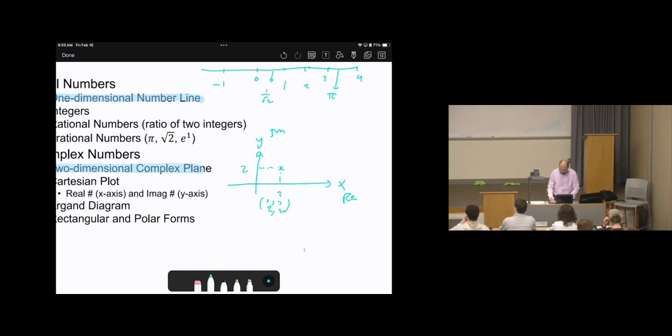If we need to represent this, we can represent it as 2 plus 2i, such that i will be associated with the y-axis or imaginary part, while 2 will be associated with the real part. So basically, it will be on the xy plane. Therefore, it is a complex number. Okay?